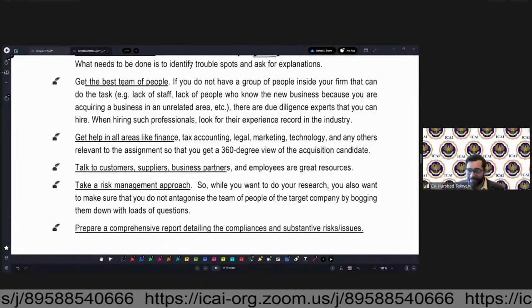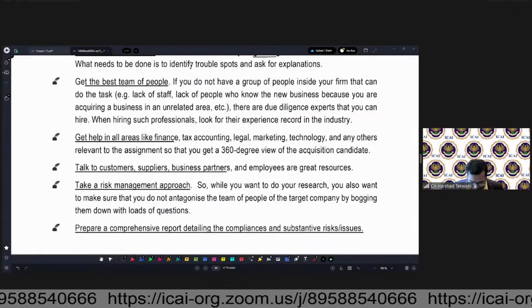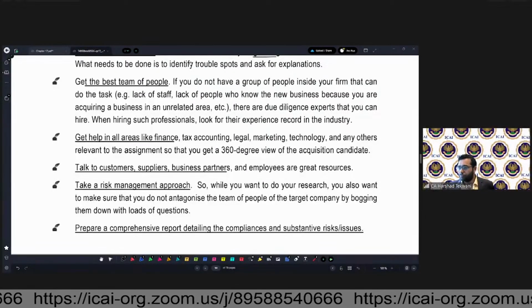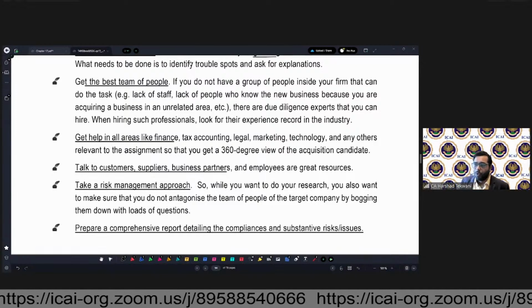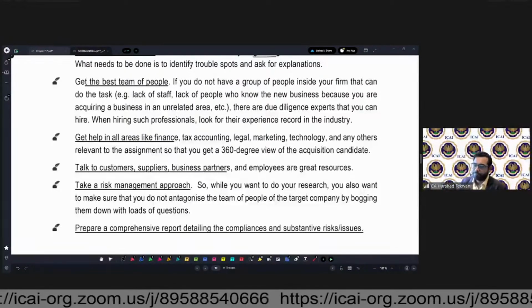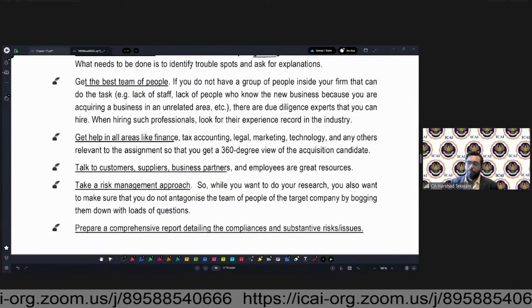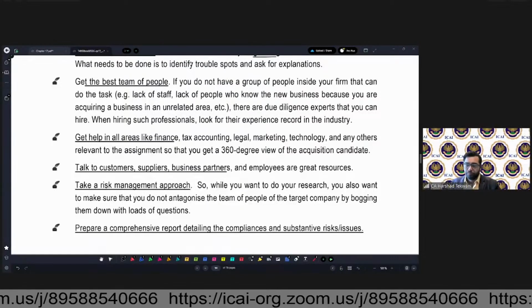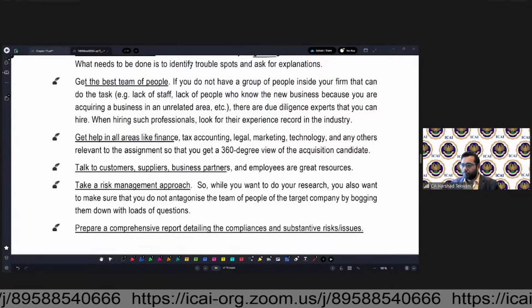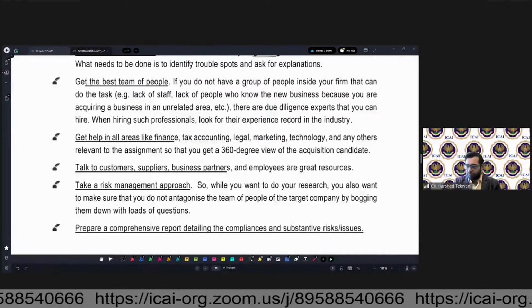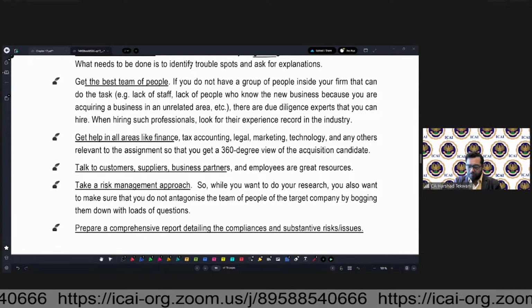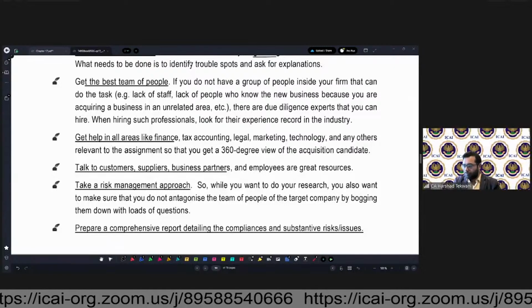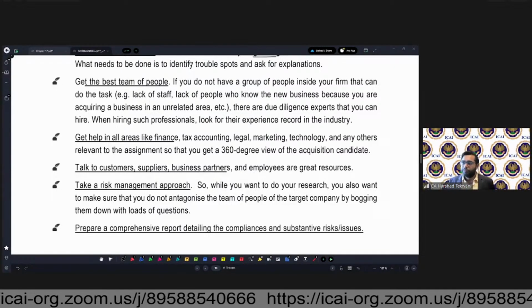What is the difference between investigation and audit? Anyone?